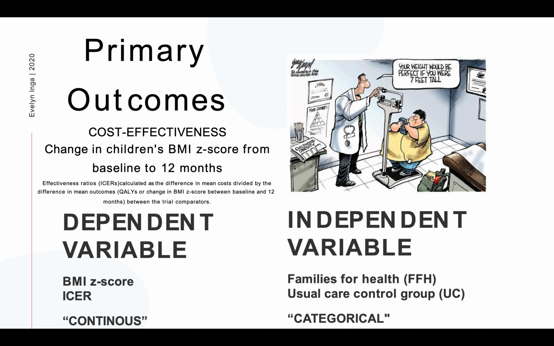And the ICER ratio, the ICER is a ratio that is the difference in mean cost divided by the difference in mean outcomes at the baseline and at 12 months between the trial comparators.